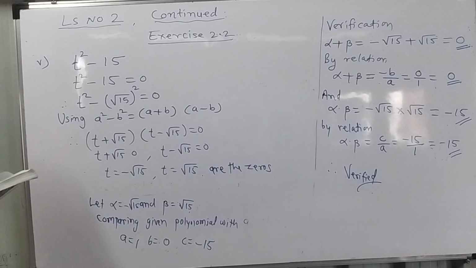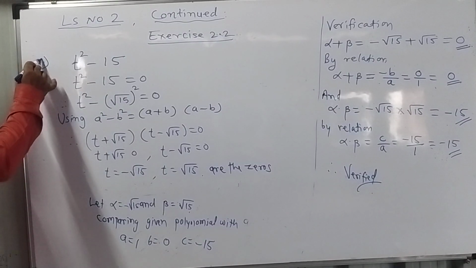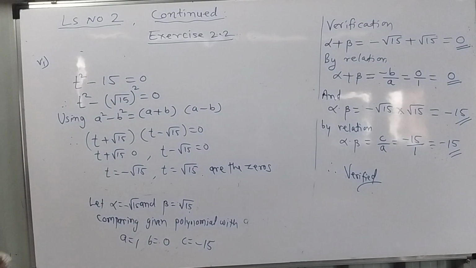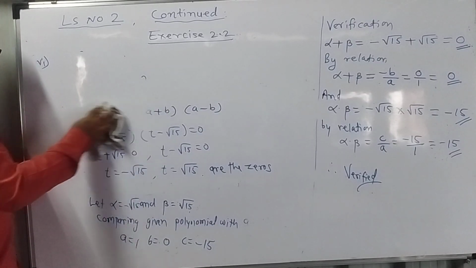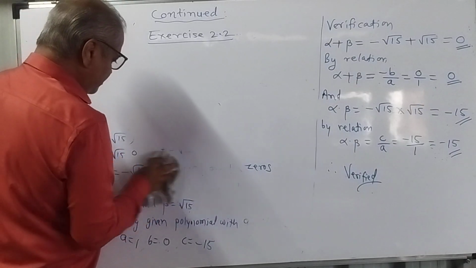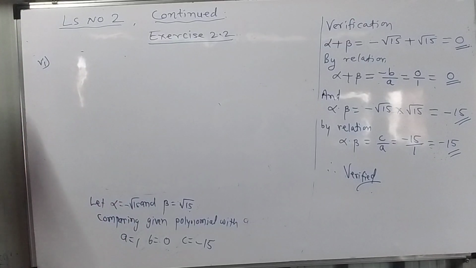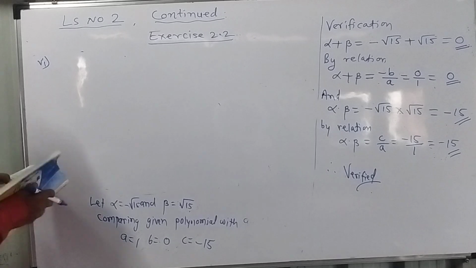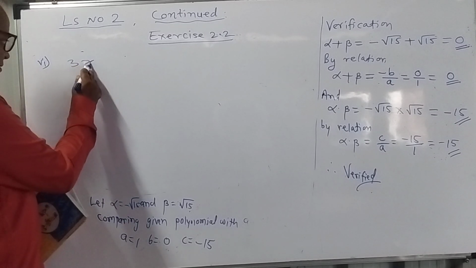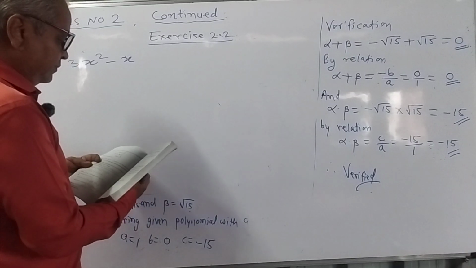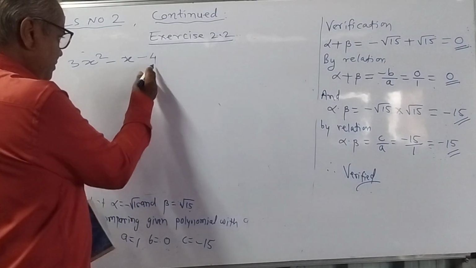Now last question, 3x square minus x minus 4. Last sub question, 3x square minus x minus 4.